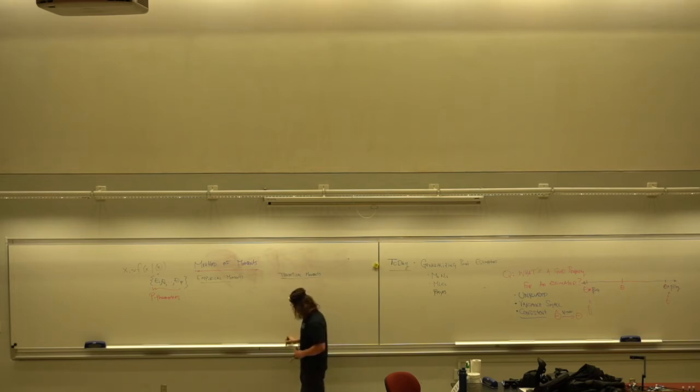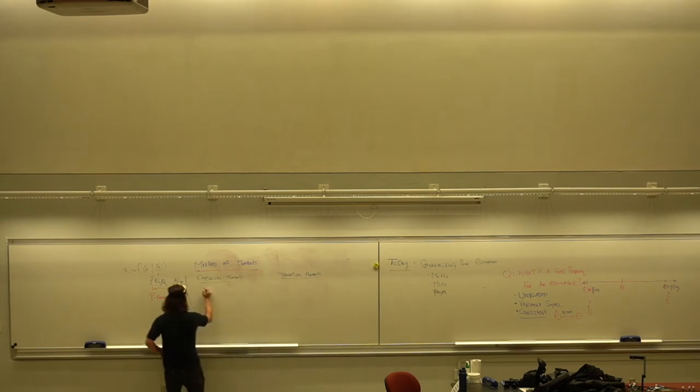The idea in method of moments is to compute things like this: the sum of the xi's divided by n, i goes from 1 to n.